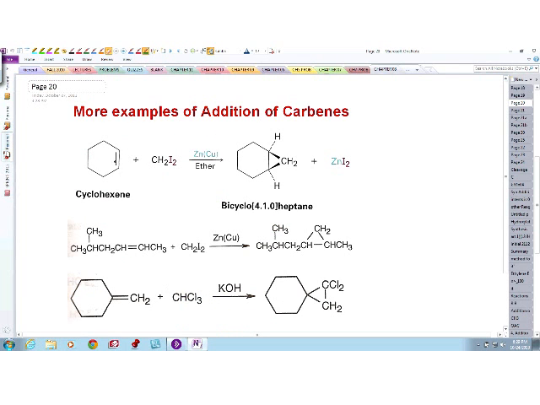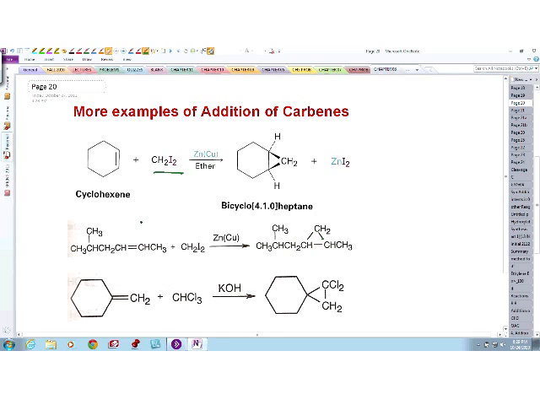Okay, as you can see here, cyclohexene with diiodomethane, zinc-copper mixture right here forms your cyclopropane. And then you could take a straight chain alkene here, this carbon-carbon double bond, the same reagent you see here to form a 3-member cyclic molecule right here.